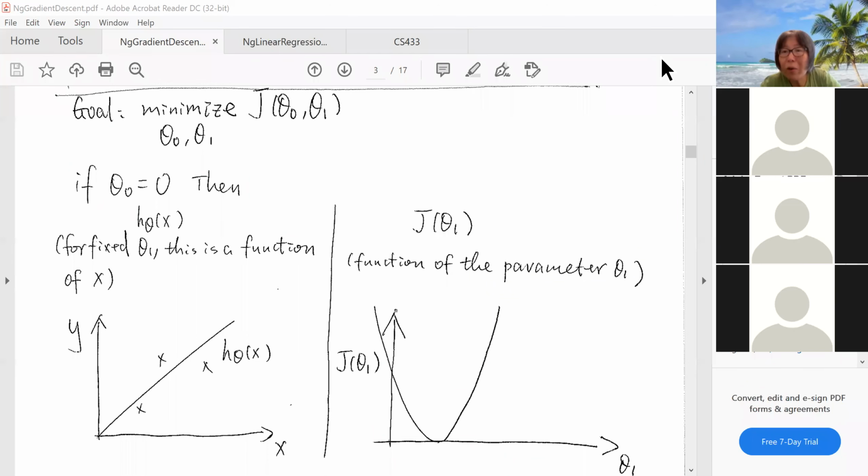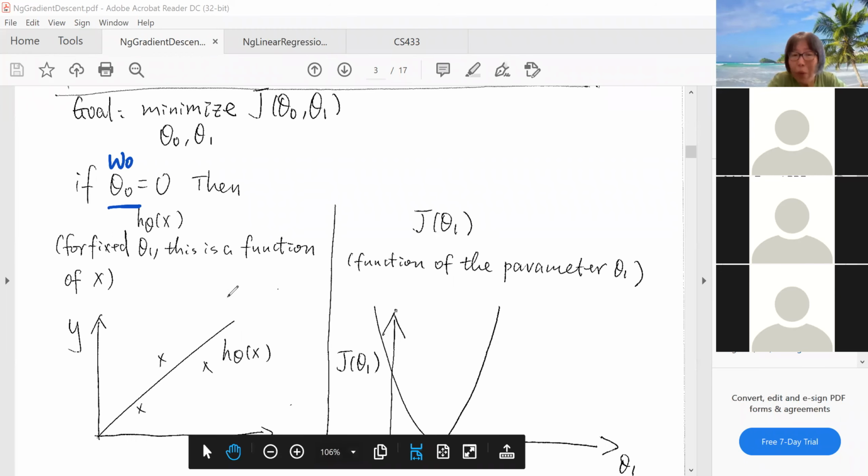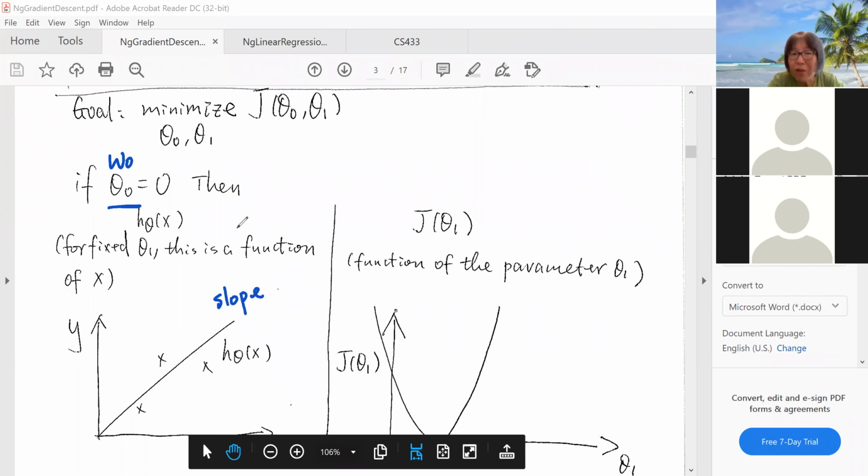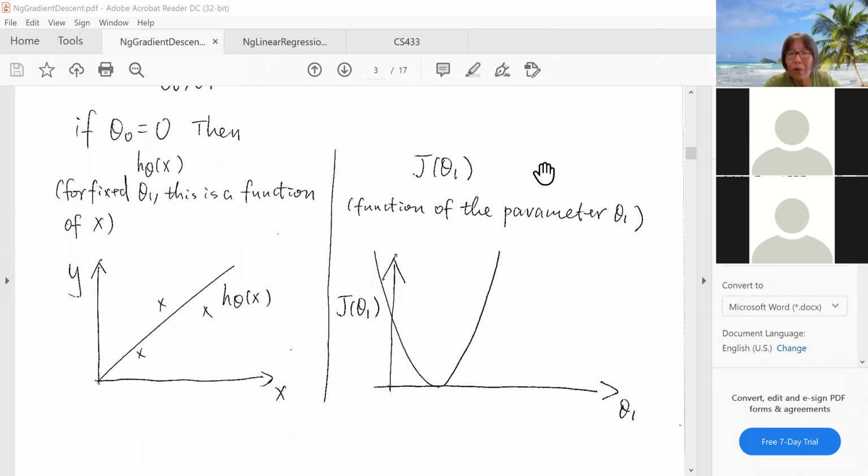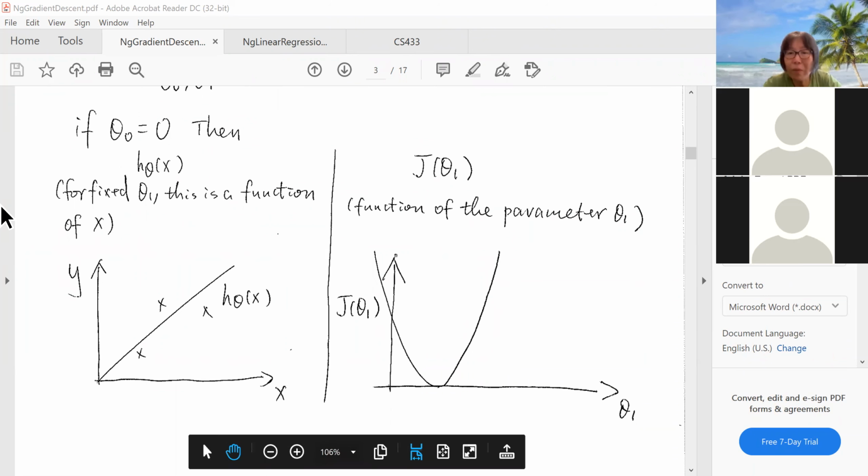And here just try to give us some intuition, okay? So if theta 0, so if W0 is 0, then we don't have the first term, is it? And we just worry about slope. So intercept is 0, and in math, you can draw a line going through the origin. And then correspondingly, this is the cost function regarding W1, basically.